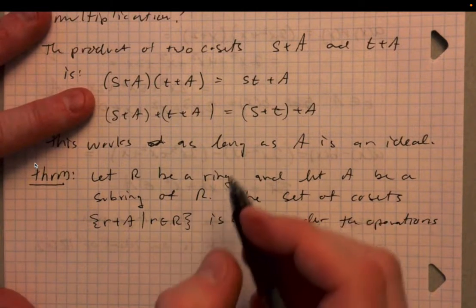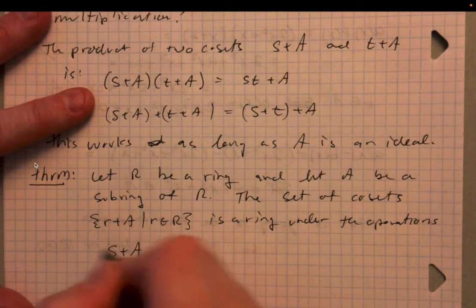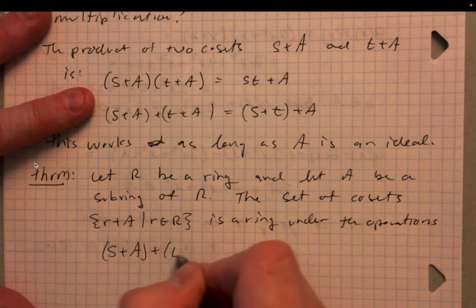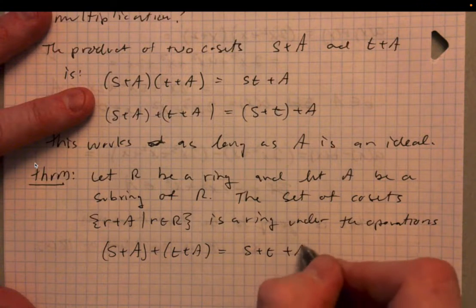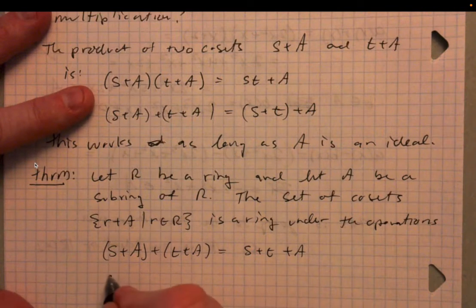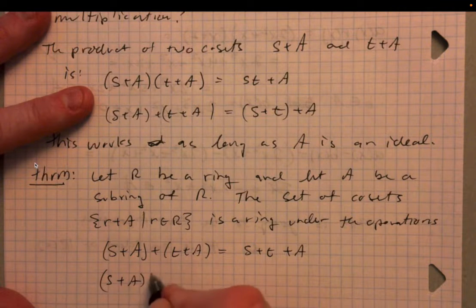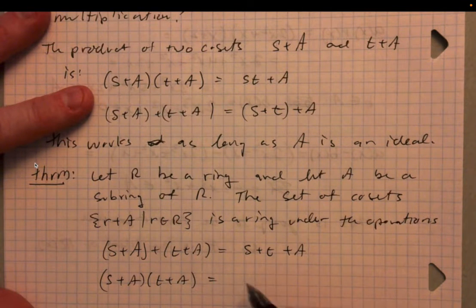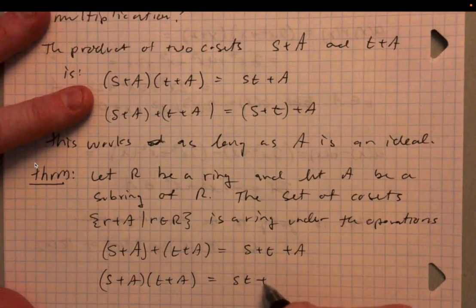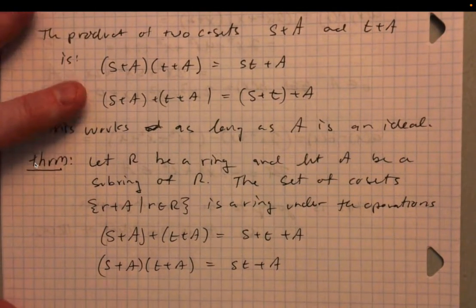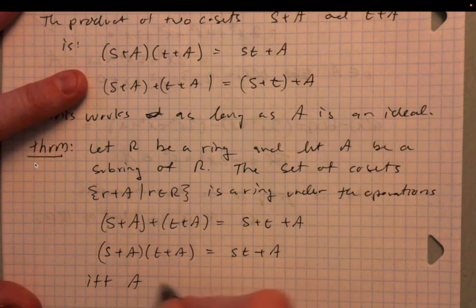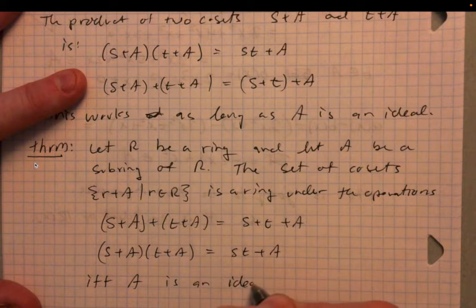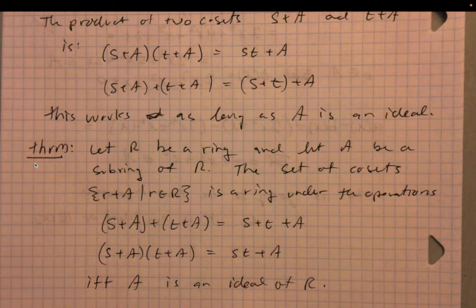You've got your addition, S plus A plus T plus A equals S plus T plus A, and now you've got the product too: S plus A times T plus A equals ST plus A. This is true if and only if A is an ideal of R. So you need A to be an ideal subring of the ring R.